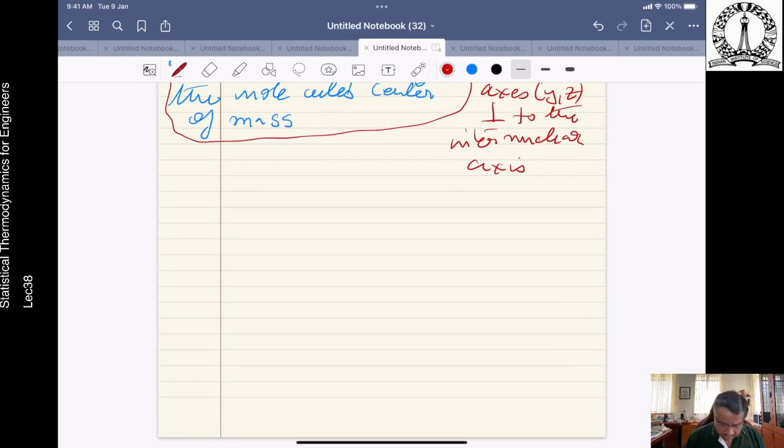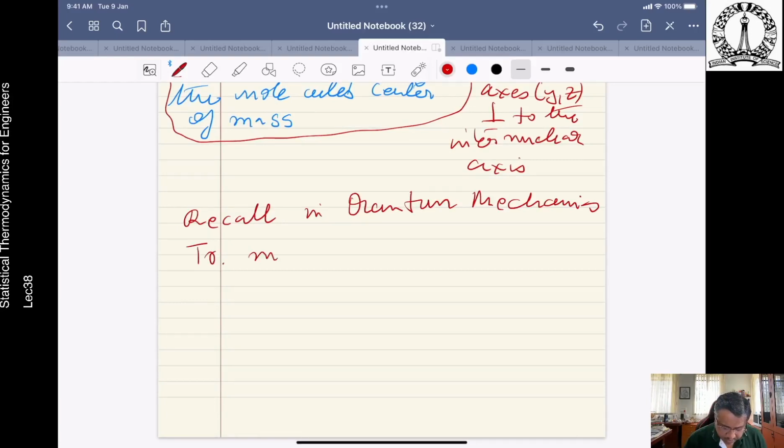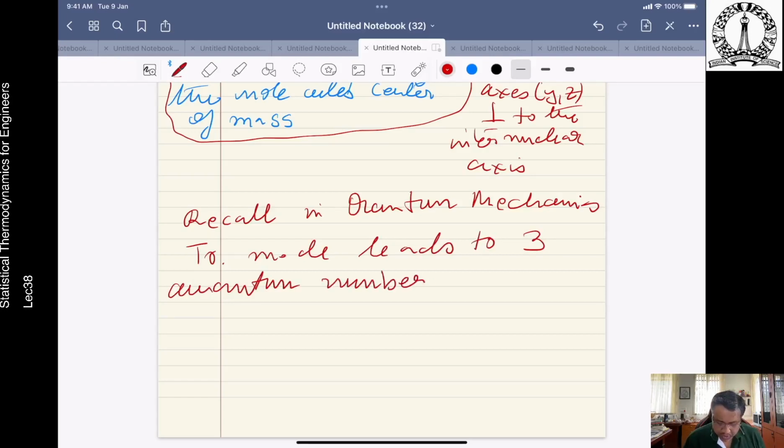We recall that in quantum mechanics, the translational mode leads to 3 quantum numbers. The rotational mode leads to 2 quantum numbers.